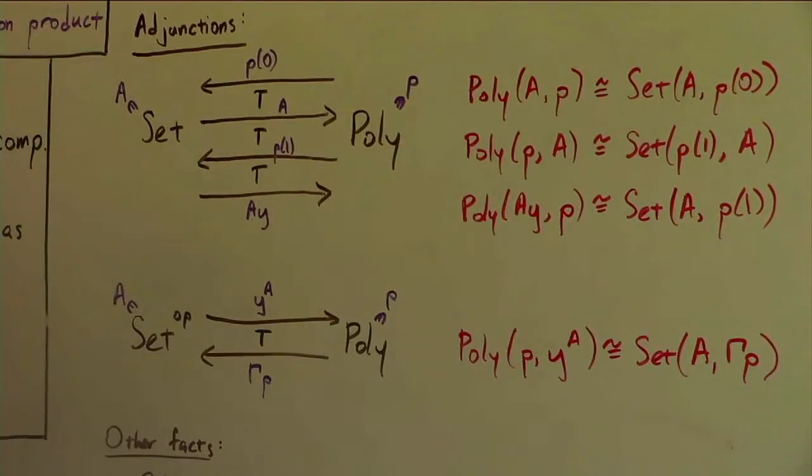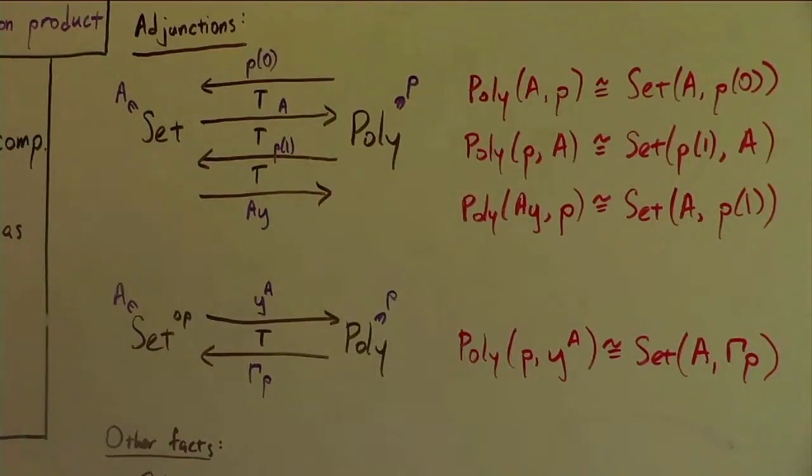Speaking of that, here we have some other facts about Poly, and I won't go into these in too much detail. The details are in the book. Poly has epi-mono factorization. It turns out that monomorphisms in Poly are just monomorphisms on the positions and epis on the directions in a very specific way.